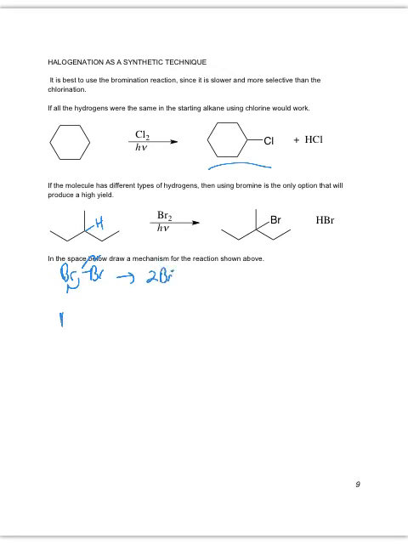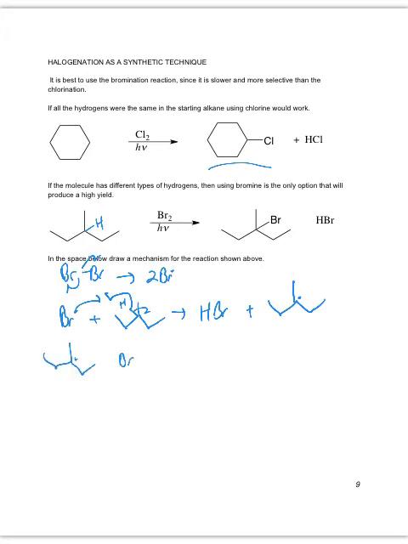The bromine free radical will react with the 3-methylpentane to abstract a hydrogen off of the tertiary carbon to give us HBr, along with the new free radical.